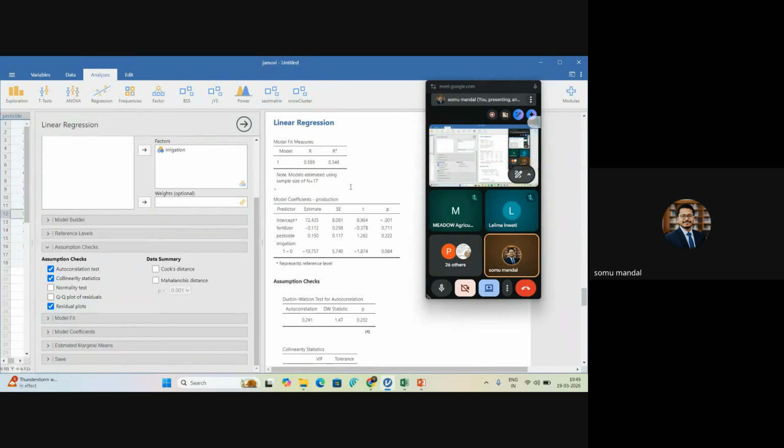Let's check here. This is the model fit measures. R is 0.589.